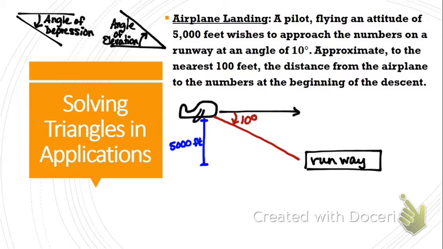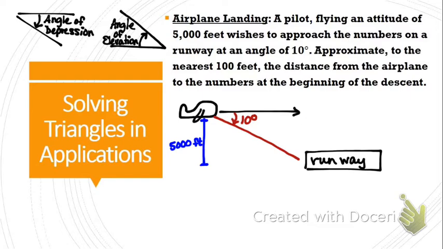So the angle of depression that the pilot would cite to get down to the runway is exactly the same as the angle that a person on the ground would have to look up to see the plane. And I think that's what you were getting at there, Alex. So technically it's the same angle, but since the story is talking about it from the perspective of the pilot, I'm going to stick with that. But you can get the same answer approaching it slightly differently.